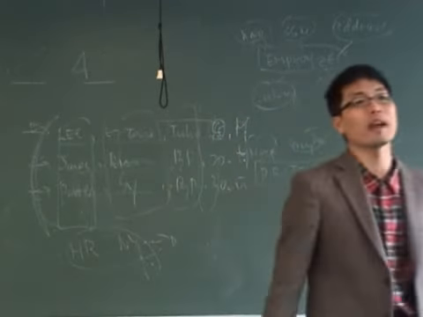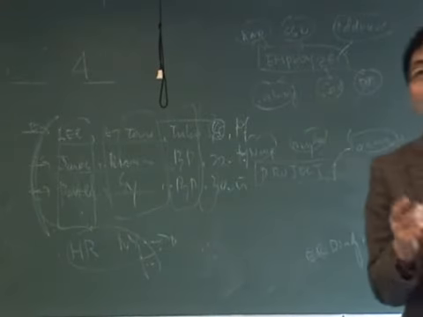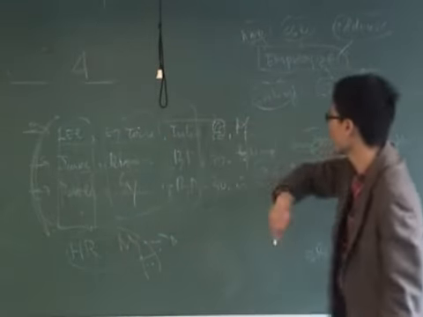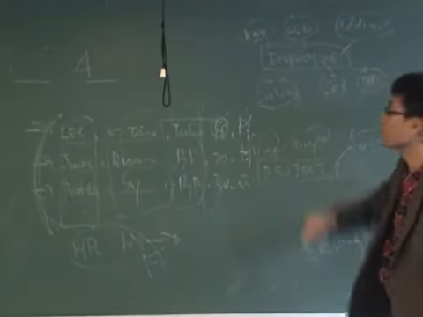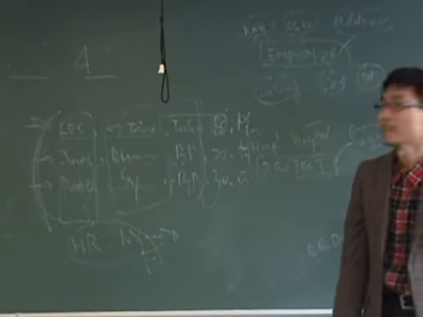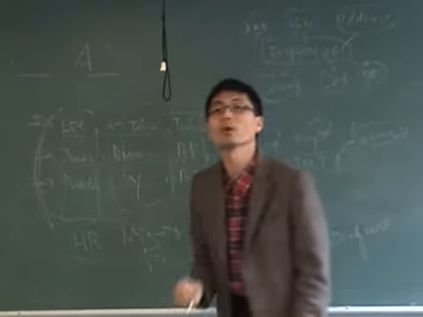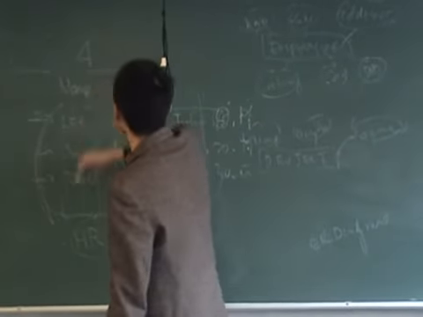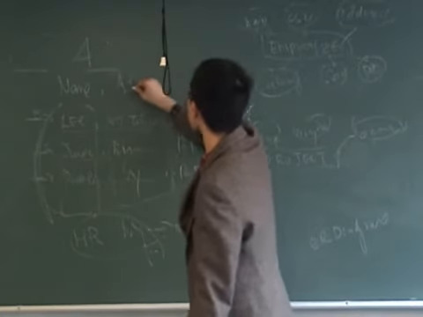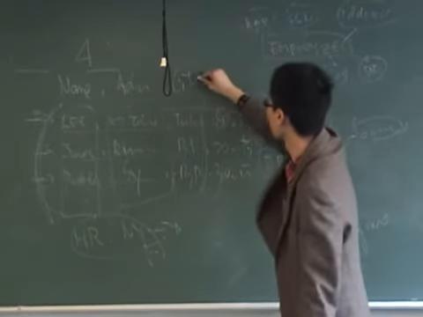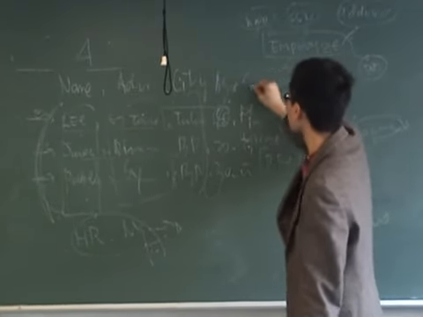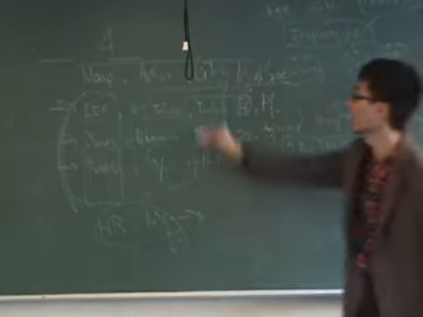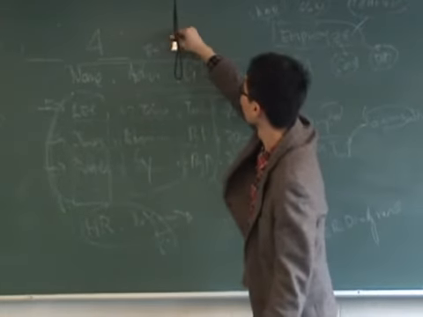A set of entities, each of which has the same format, like the name, address, city name, age, sex, and so on. Actually, each of them is called an entity, and then you model. This is name, this is address, this is the city name, this is the age, this is the sex. This is called entity type.